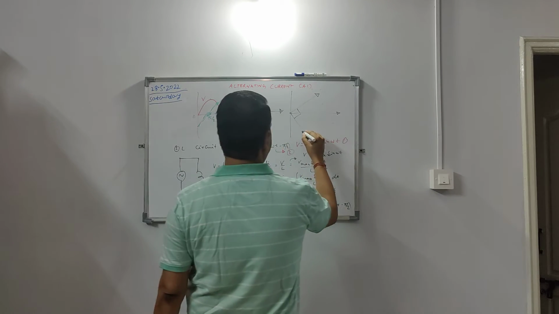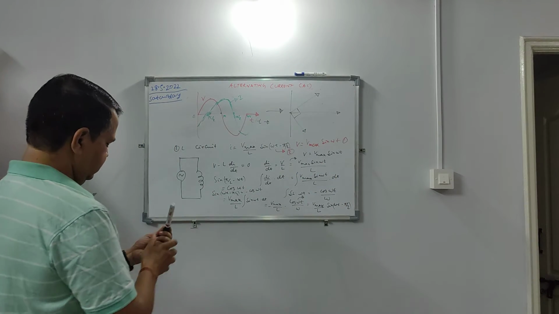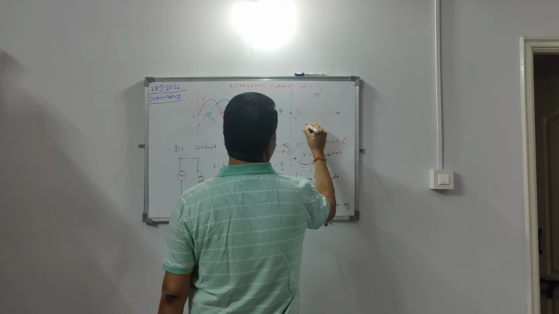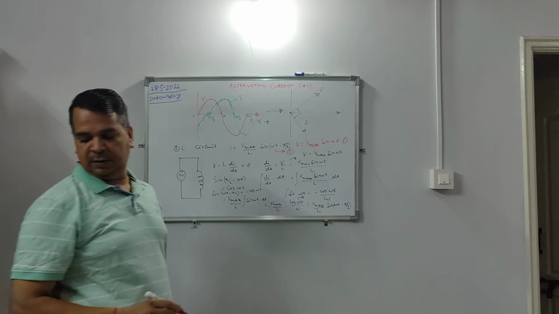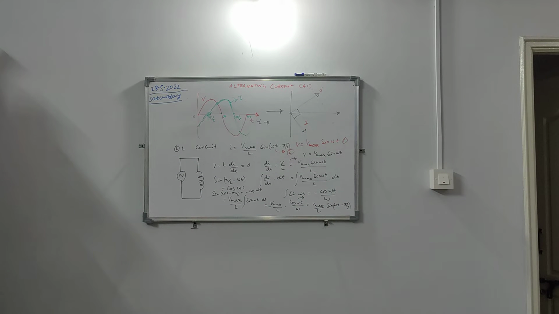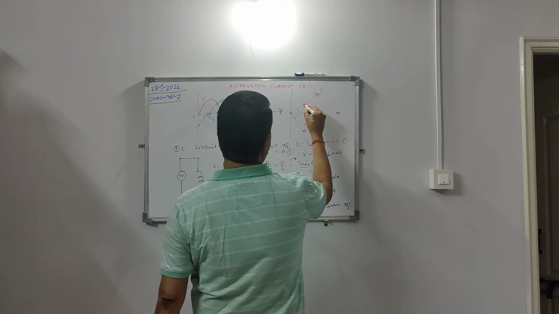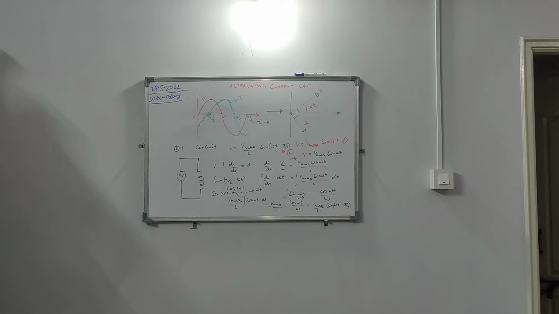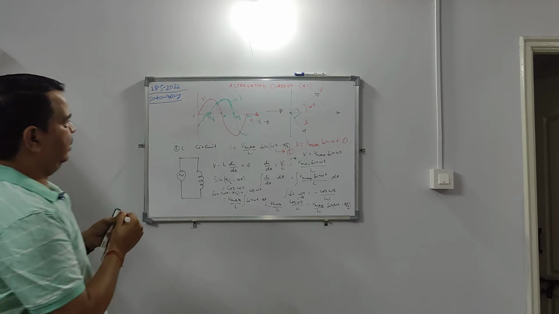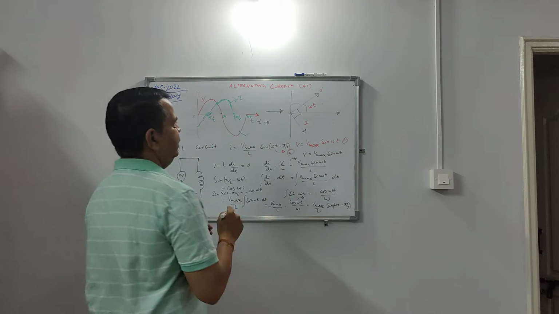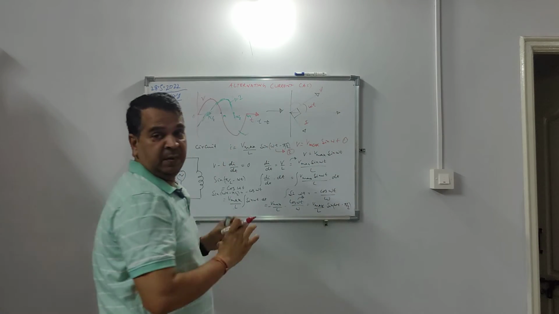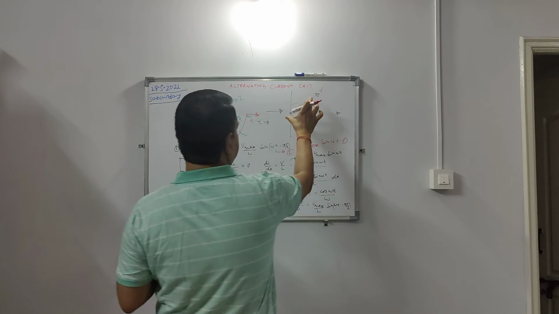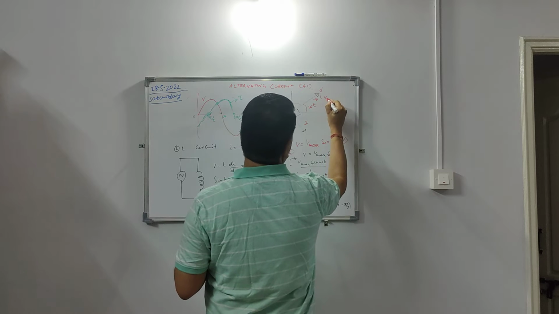So this is my current. Say this is my voltage and this is my current. And then this angle can be called omega t. This angle is omega t. So the magnitude of this vector is nothing but your V max.